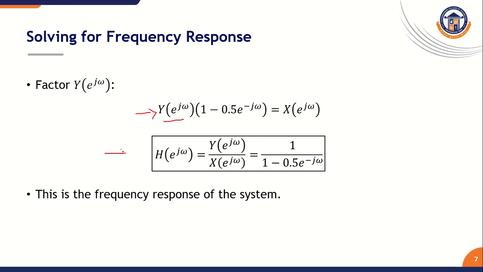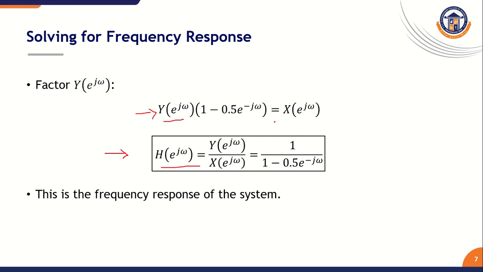From this equation, we are able to find the frequency response. We already know the frequency response equation: capital H of e power j omega equal to capital Y of e power j omega divided by capital X of e power j omega.